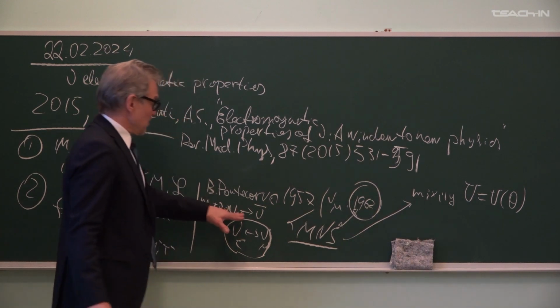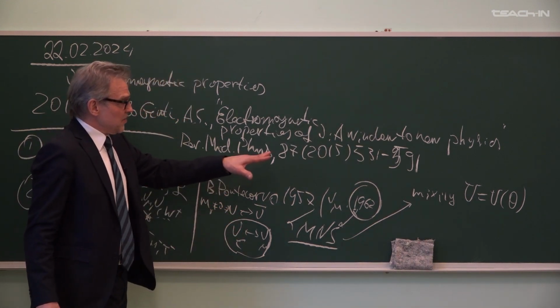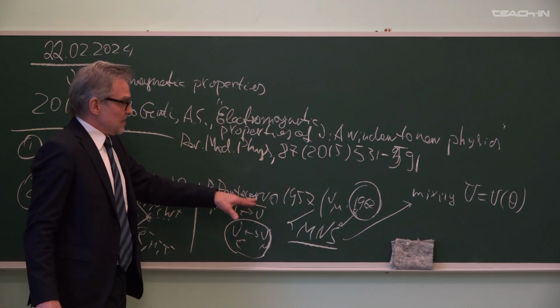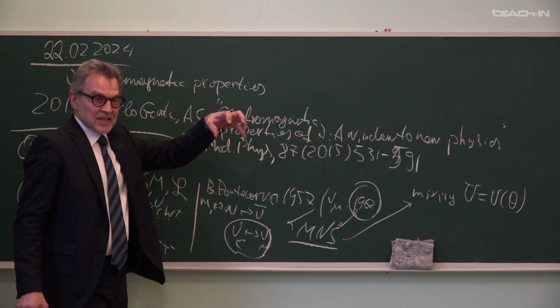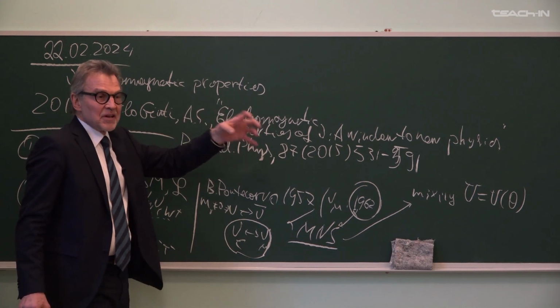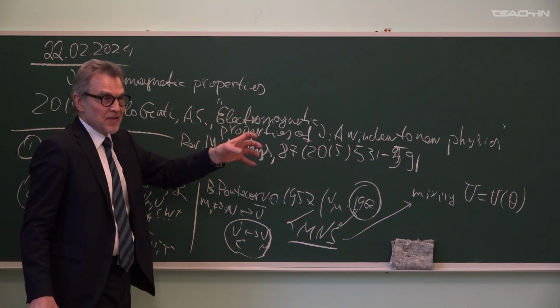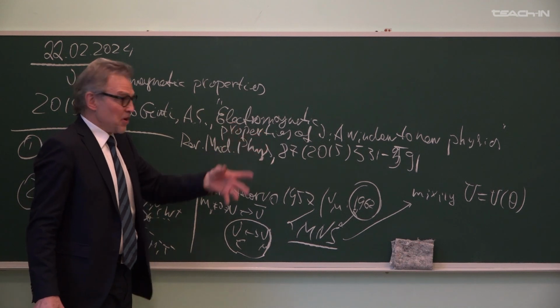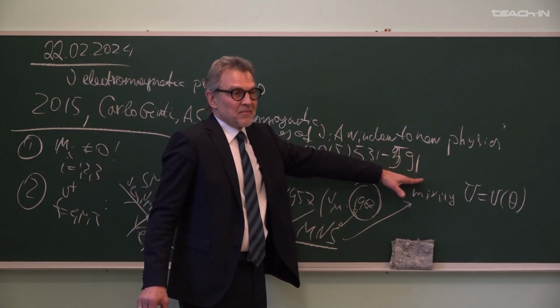And they didn't follow the second statement of Pontecorvo of 1957, that after a distance a bunch of neutrinos has traveled, there will be an equal amount of two different types of neutrinos. That is a result of mixing. They introduced this, but at a stationary point.